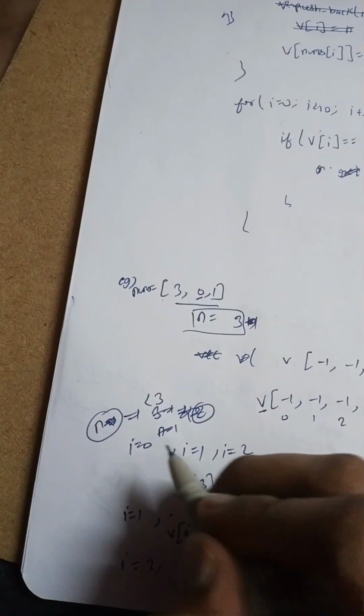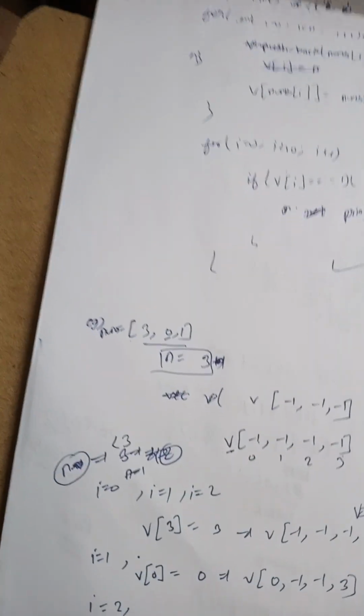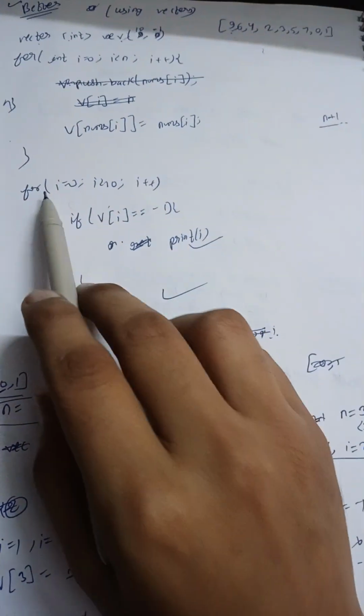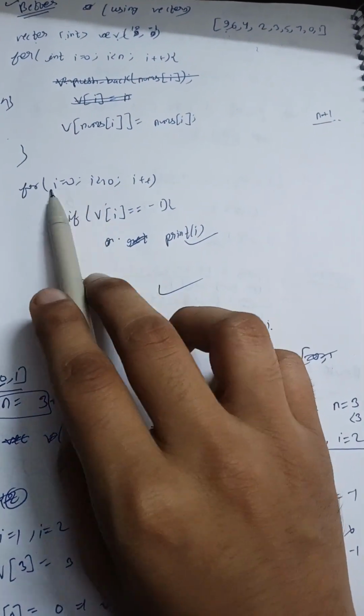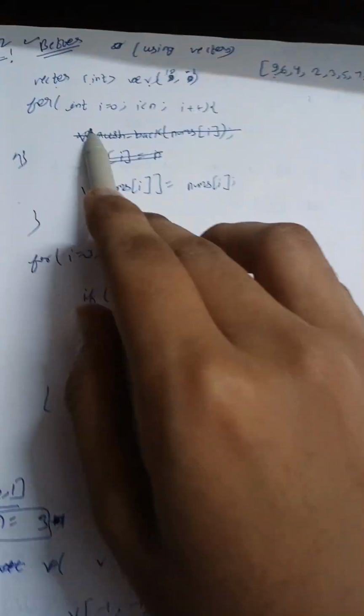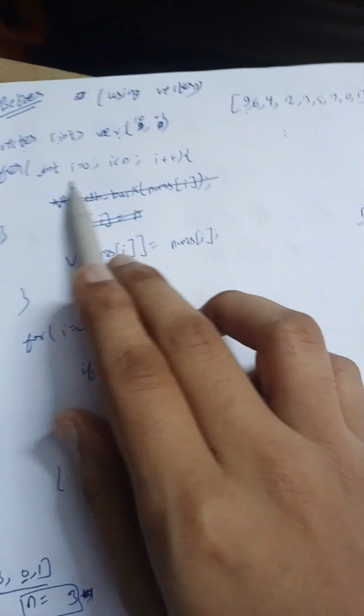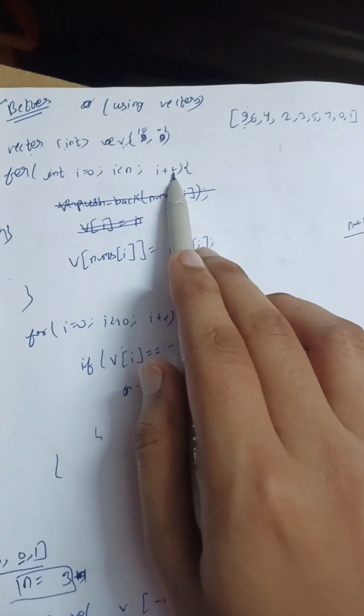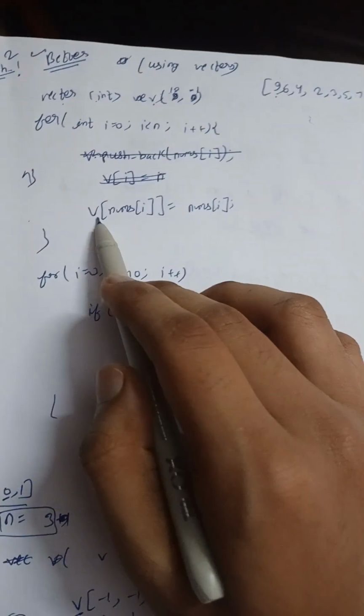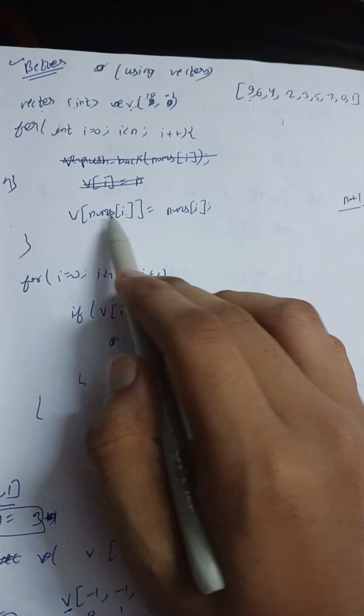Now we apply a for loop for i equal to 0, i less than n, i plus plus. Then v of nums of i is equal to nums of i.